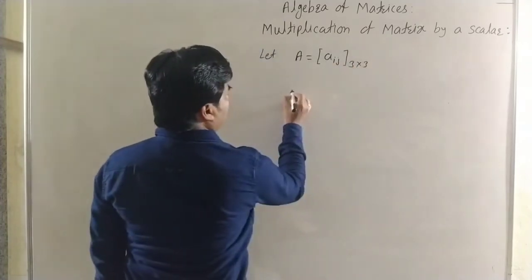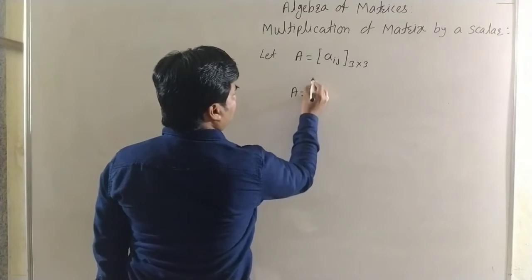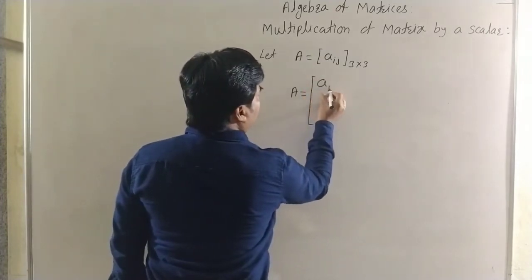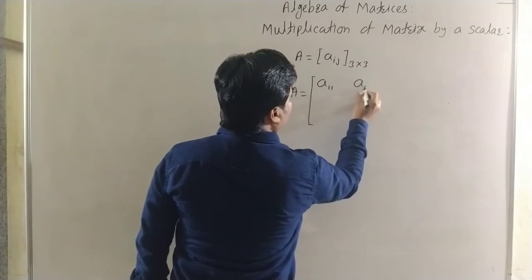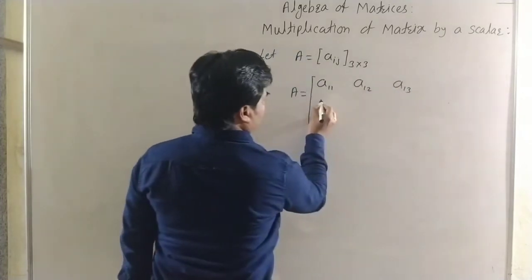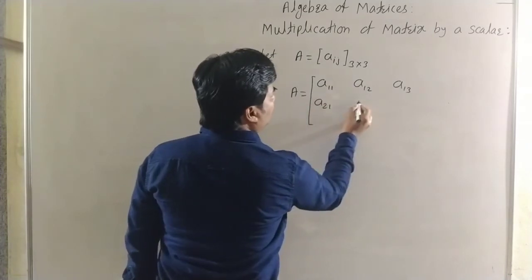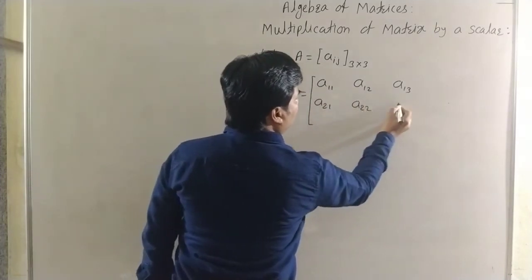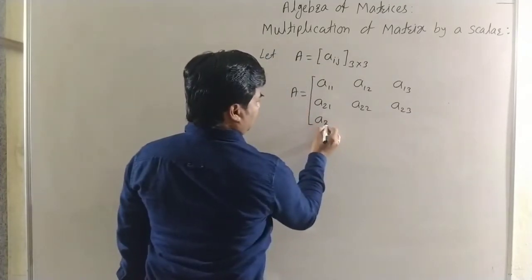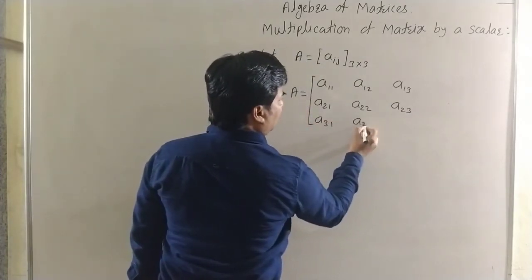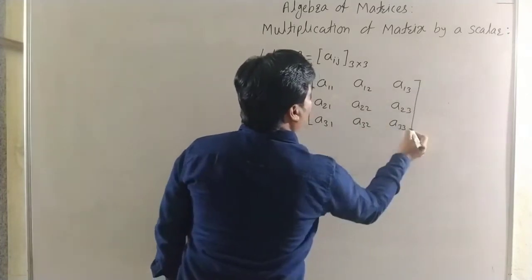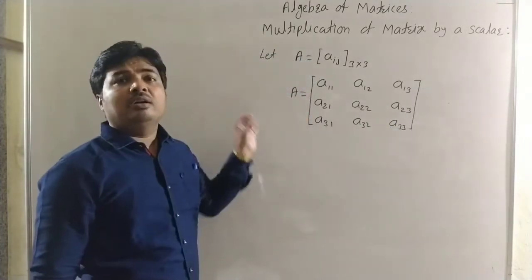Suppose it is a 3 by 3, that is A is equal to: first element A11, A12, A13, A21, A22, A23, A31, A32 and A33.